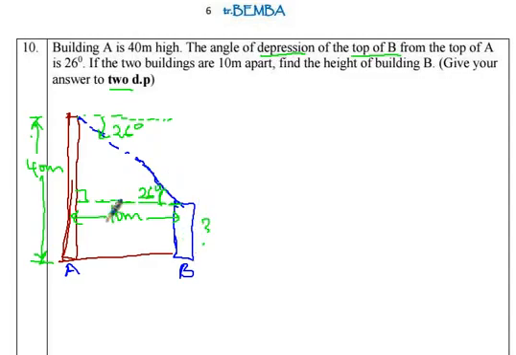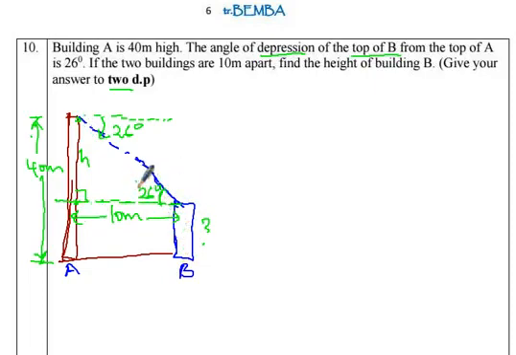Good. We want this, but we only know the height of building A. So from this right-angled triangle here, if I can get this height here, let me call it height H, the moment I know this height from here up to here, then I can know the height of building B.